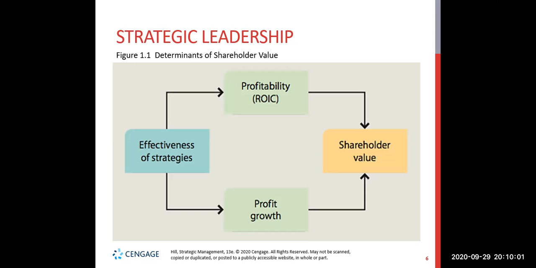So the shareholder takes the risk of investing capital in the company, and superior performance can be achieved if managers are able to select and implement effective and efficient strategies. Superior performance depends upon whether the managers are putting the strategies into practice effectively and efficiently in the company.